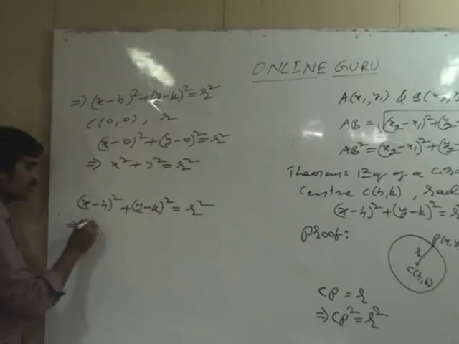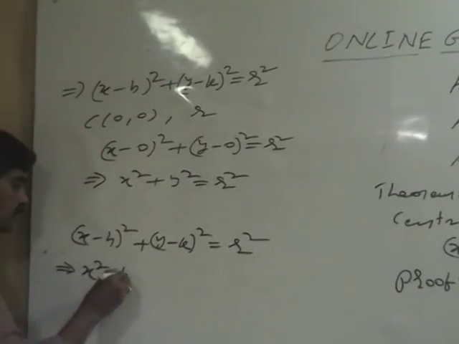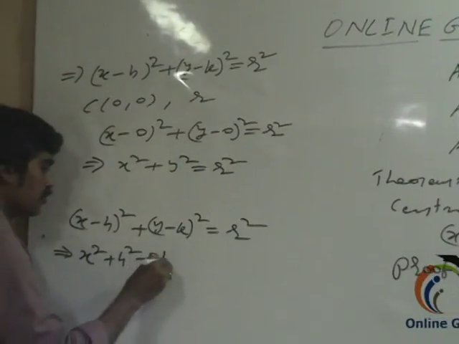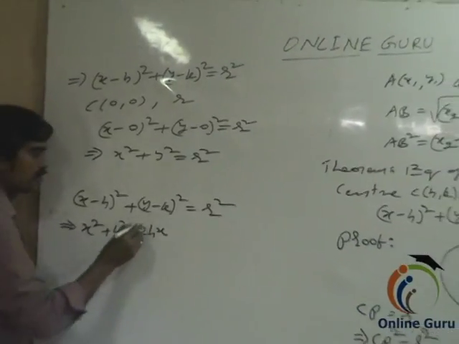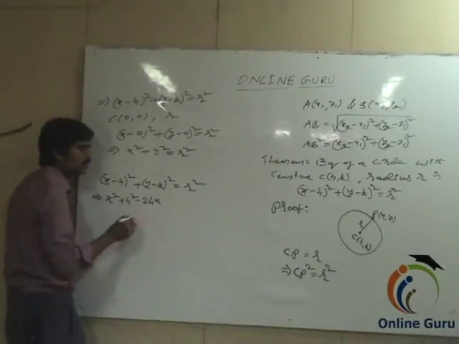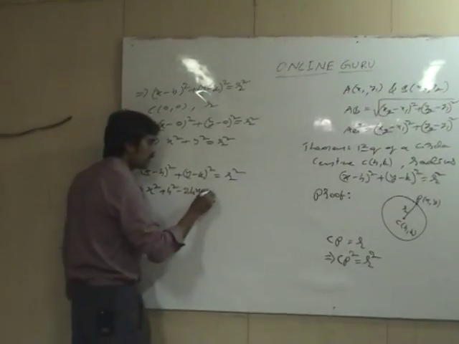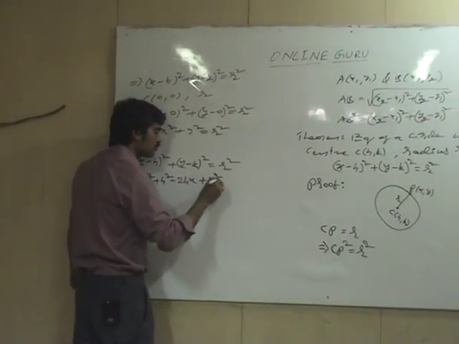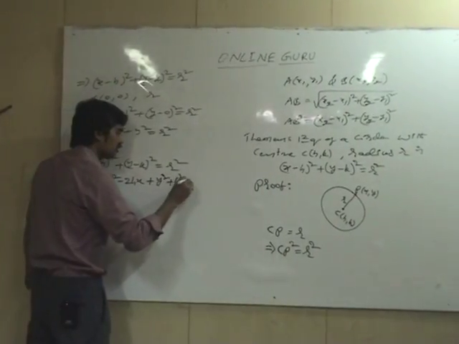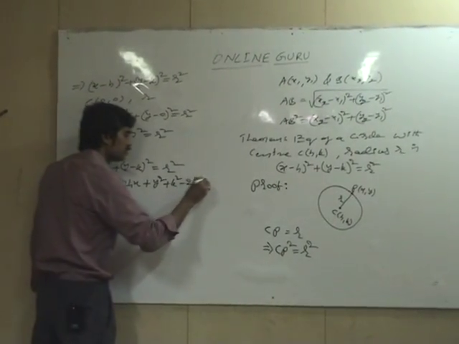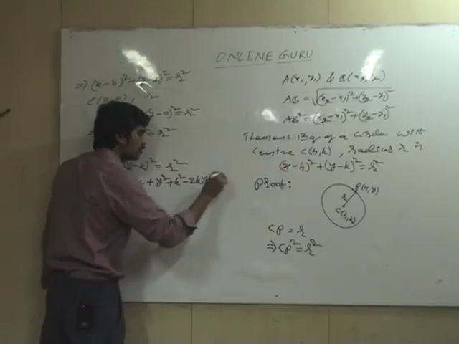So you get x square plus h square minus 2hx. You can expand this also by using the same formula: y square plus k square minus 2ky equal to r square.